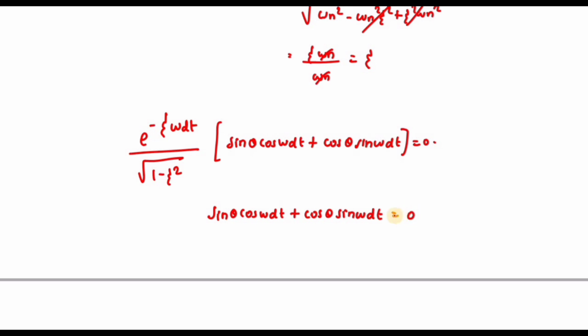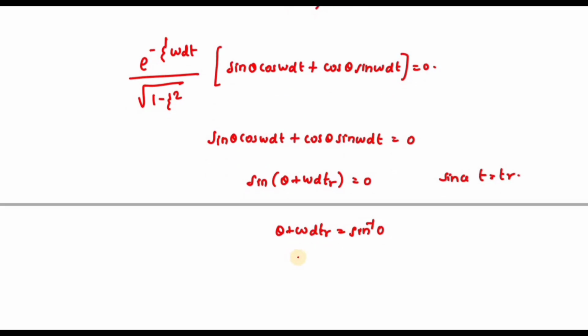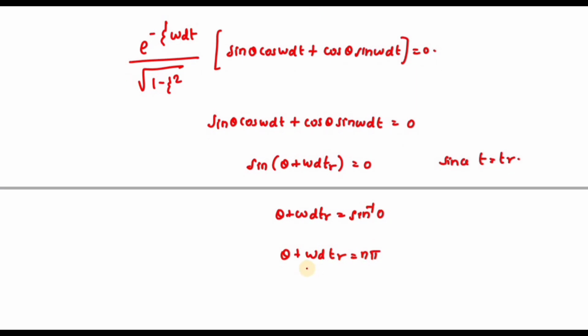So according to the sine a plus b form, here a is theta and b is omega d t. So you will get sine inverse of 0.